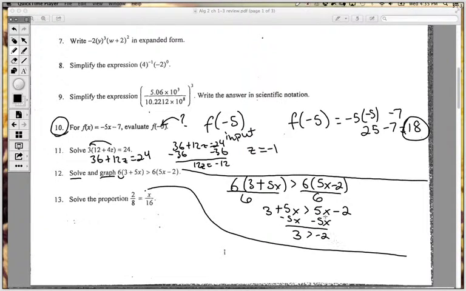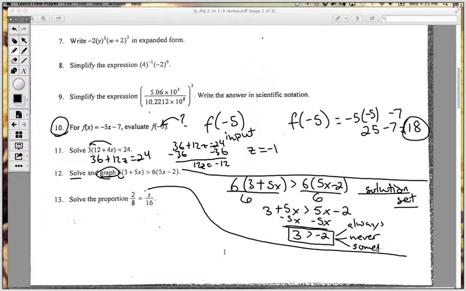So this presents me with something interesting. I don't have any more x's, and it's telling me to graph this. Well, it says 3 is greater than negative 2, and a graph represents a solution set. For this solution set, I got 3 options: either always true, never true, or sometimes.